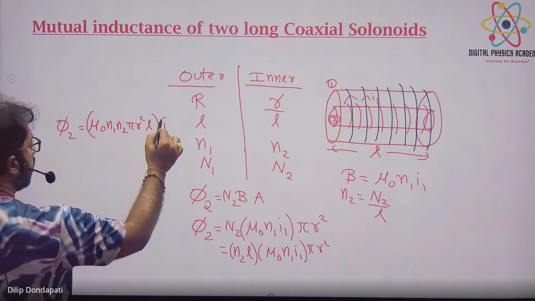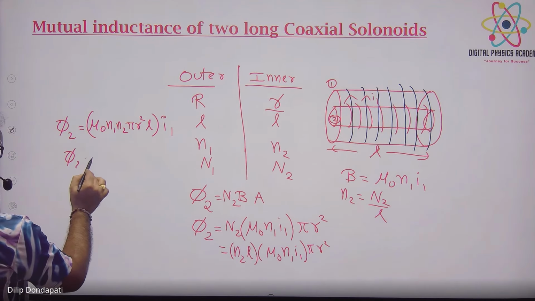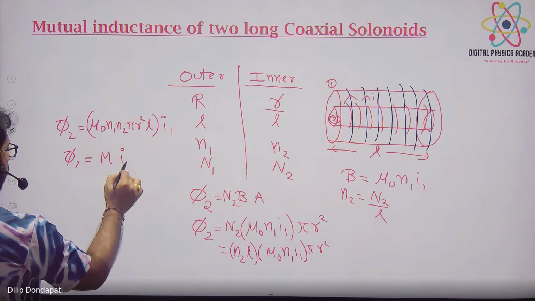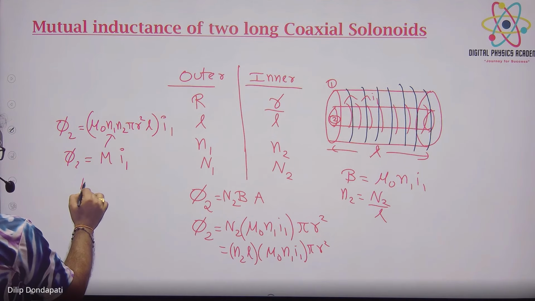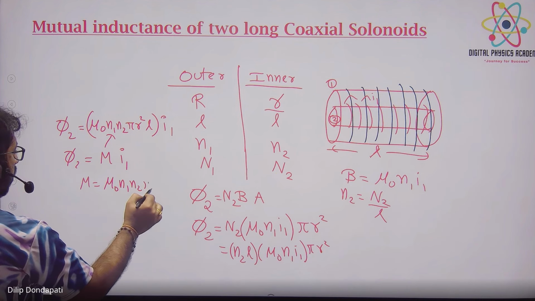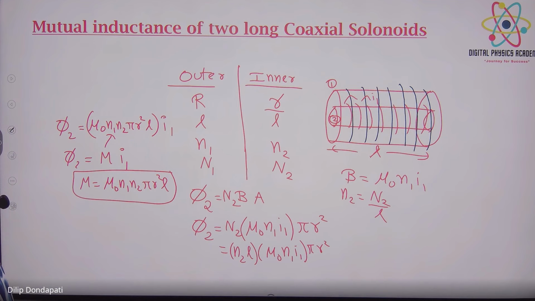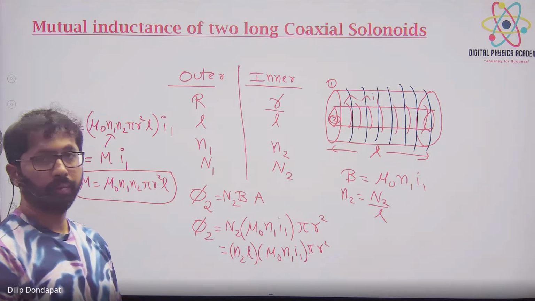I1 I will throw into the corner. And we know the formula: flux 2 is equal to M times I1. So from this, M is equal to mu naught n1 n2 pi r square L, which is the formula for the mutual inductance of two coaxial solenoids.